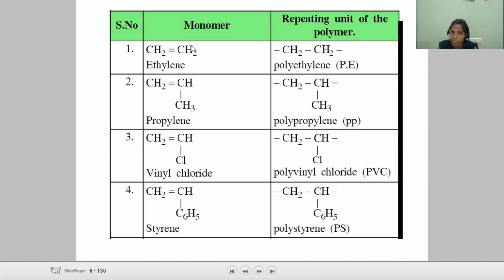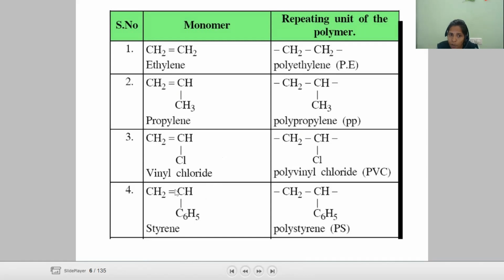See here, if this is a monomer, the double bond converts to a single bond in the repeating unit. And on both sides of the monomer, we get a new single bond, isn't it? Same in the remaining examples also: the double bond converts to a single bond, and on both sides of the monomer, we get the new single bond in the repeating unit.